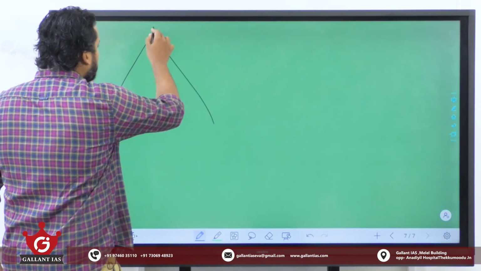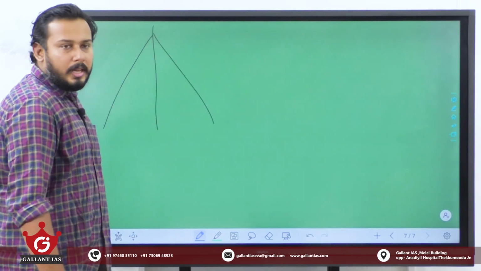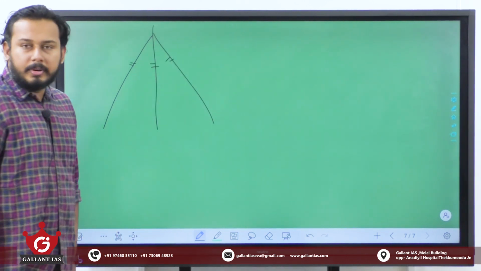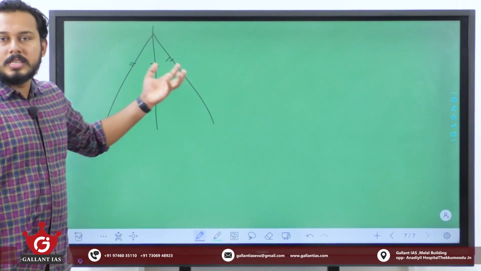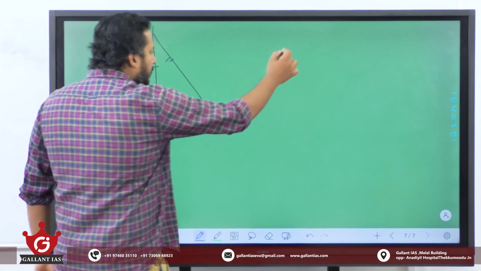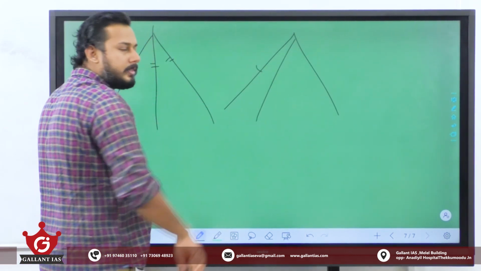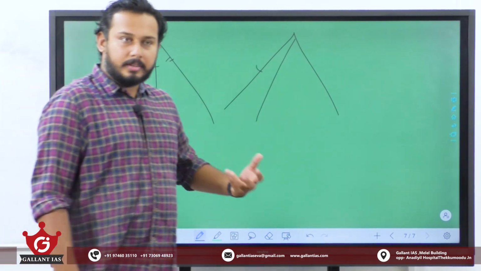Suppose this is the mountain, this is the axis. If the axis is vertical and both the sides or both the limbs are symmetric to each other, we call it a symmetric fold. If the axis is a bit inclined and one side is steeper, the other side gentler, it is asymmetric.